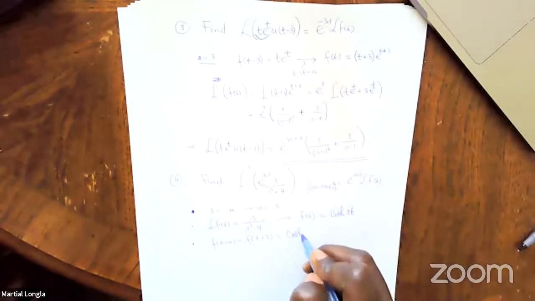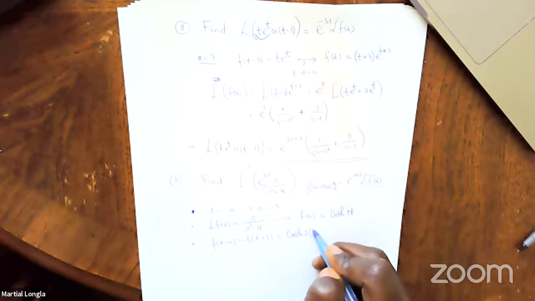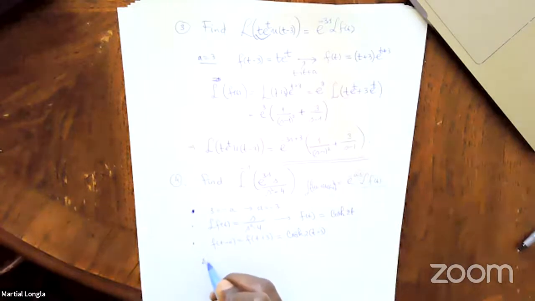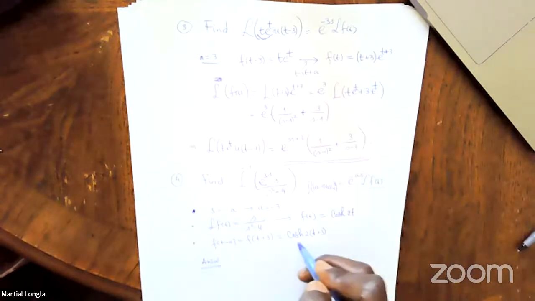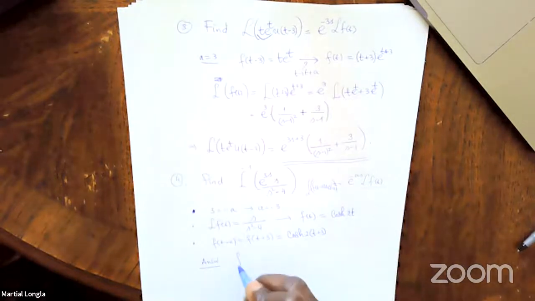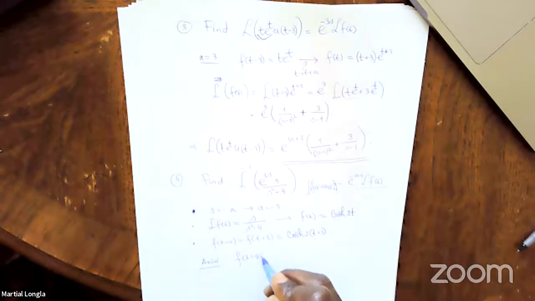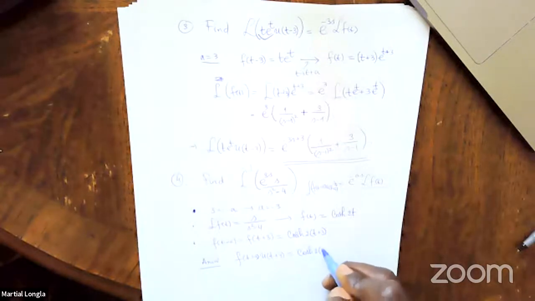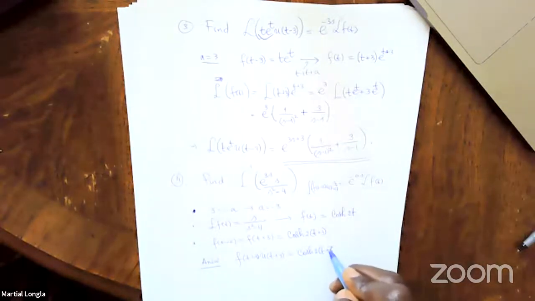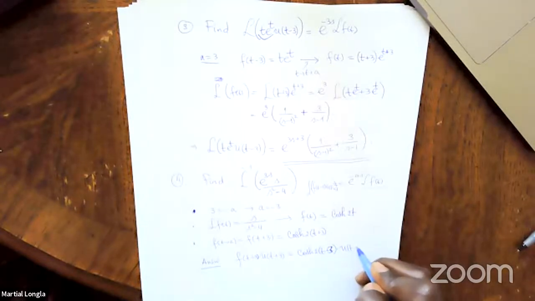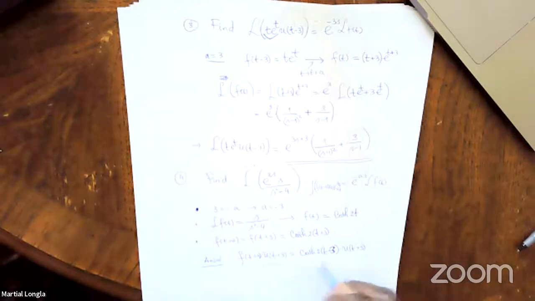So that's cosine hyperbolic of 2 times t plus 3. And so the answer is f of t plus 3, u of t plus 3, which is equal to cosine hyperbolic of 2 times t plus 3 times u of t plus 3.